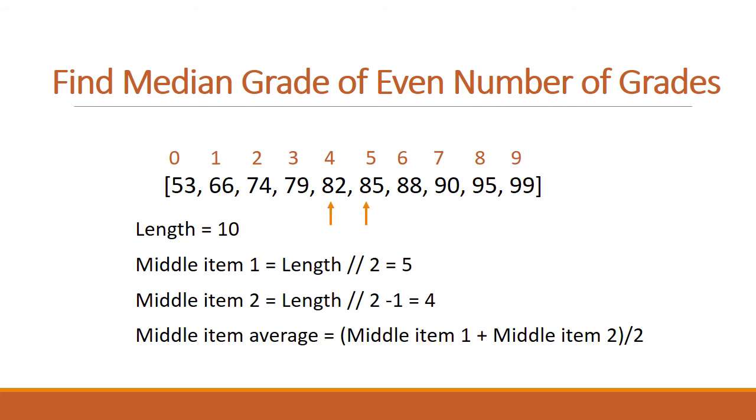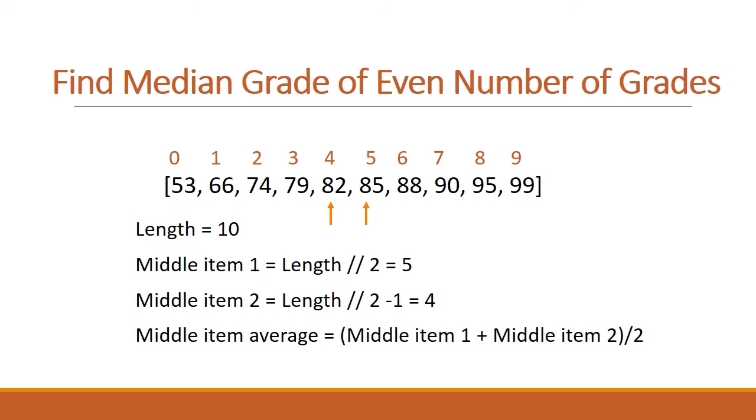If our sorted list of grades has an even number of elements, to determine the median grade, we need to average the middle 2 grades. So in this example, we have 10 grades. To determine the middle 2 grades, the middle item 1 is the length, and in this example 10, div 2, which is equal to 5.